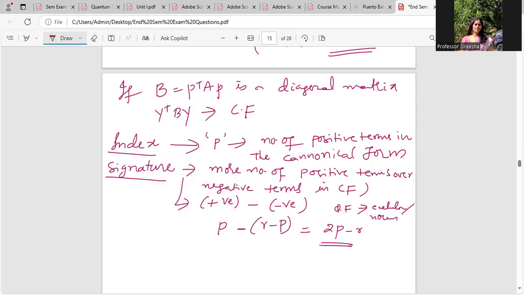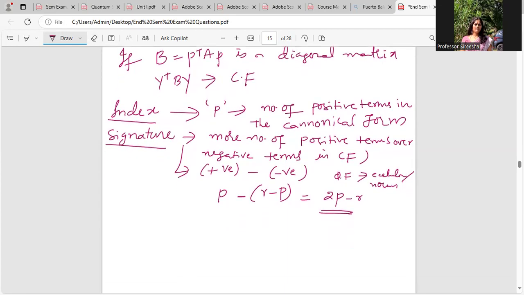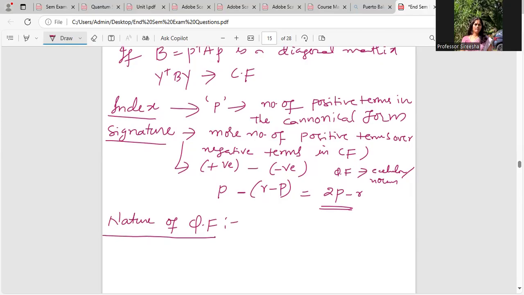Now, index and signature are found for the canonical form of the quadratic form, or we decide index and signature after reducing the quadratic form to canonical form. Also, there's something called nature of the quadratic form. What is nature of quadratic form?